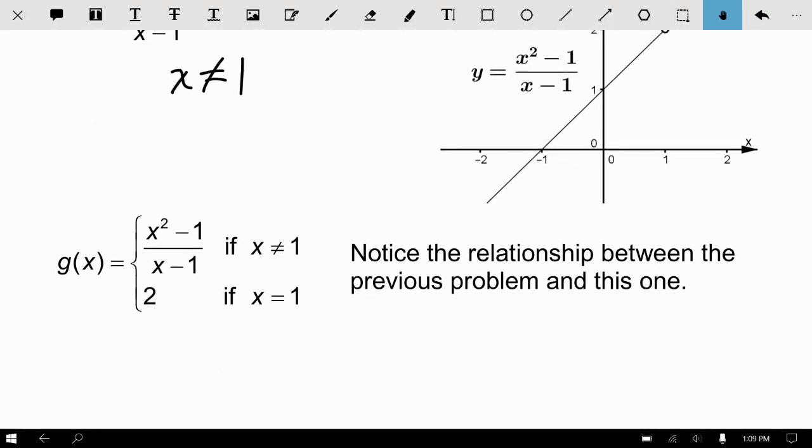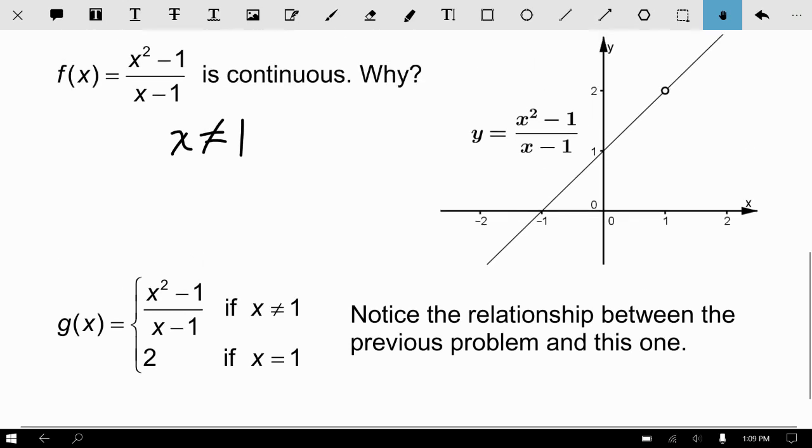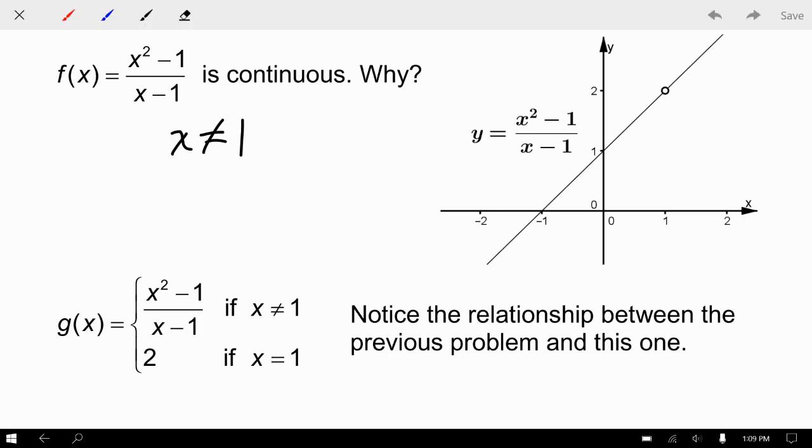Okay, so here is something that we talked about previously in one of the earlier lessons. Here's the same function where now we've filled in a hole in the graph. So you'll see this on your assignment. It'll say, rewrite this function so that it is continuous everywhere. Well, in this graph, obviously we had an issue at the point where x was equal to 1.